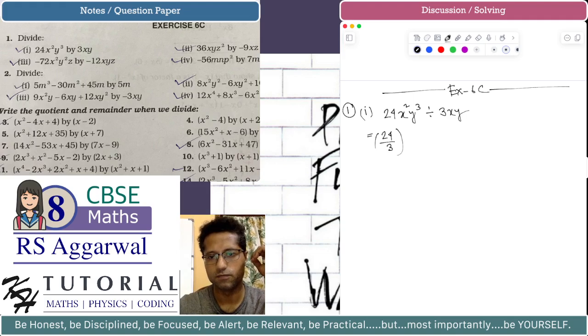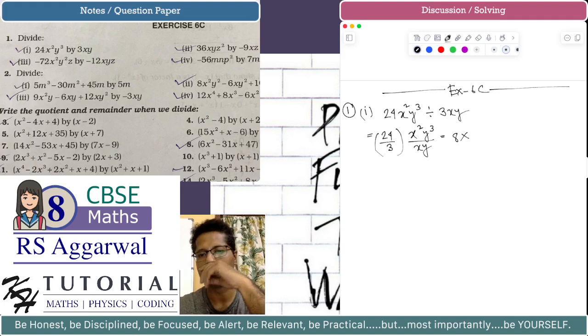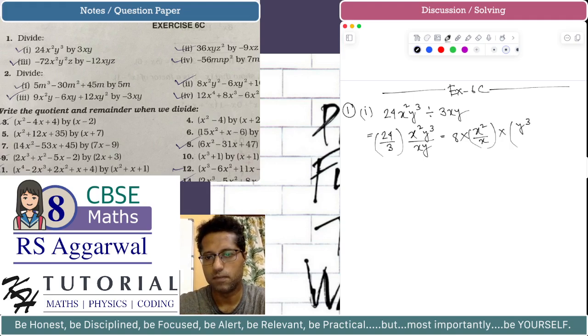This becomes the coefficient of the result, and then we divide the literal coefficients of the two monomials, that is x square y cube divided by xy. So 24 by 3 is 8, and then you group the powers of the same literals. So we have x square by x multiplied by y cube by y. So this becomes x multiplied by y square. This is equal to 8xy square.